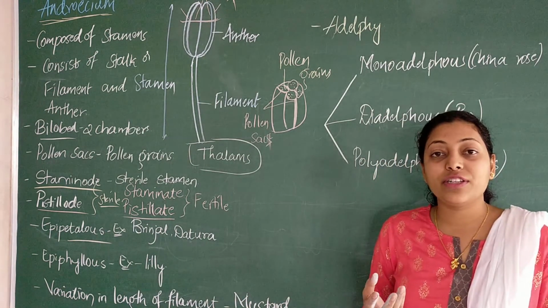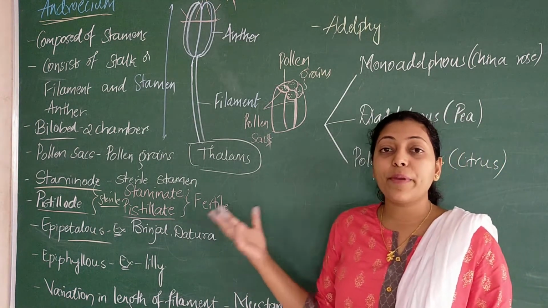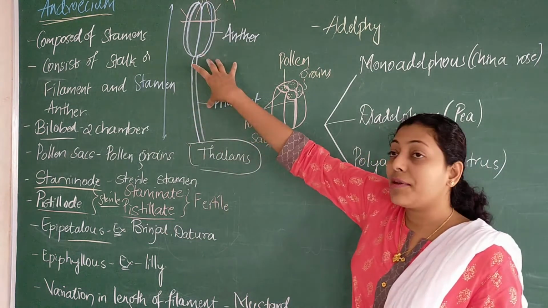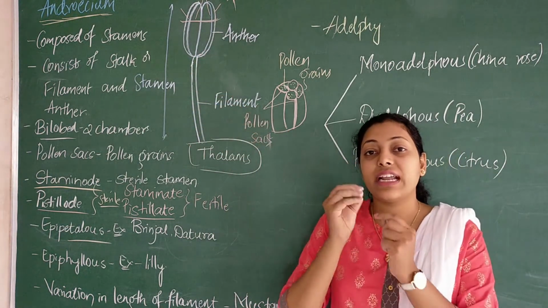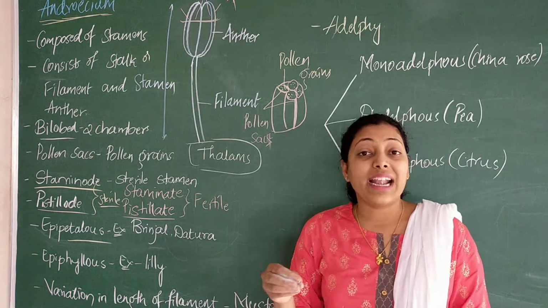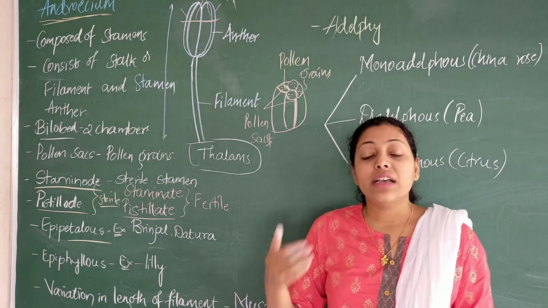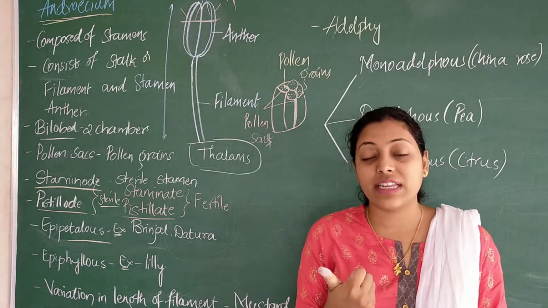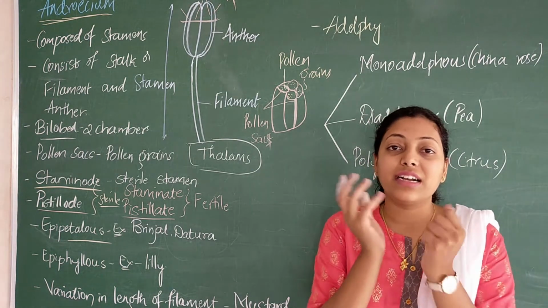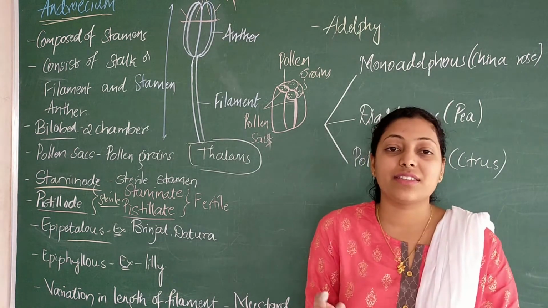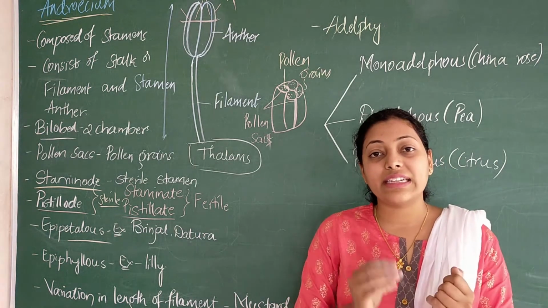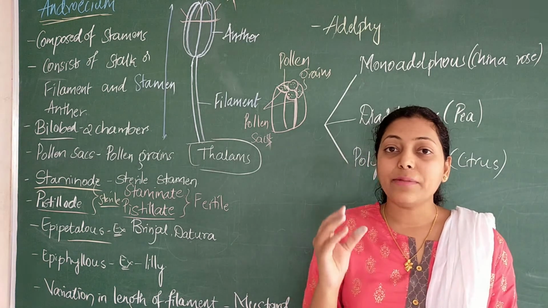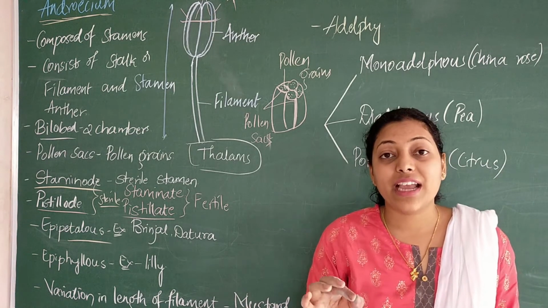The stamens produced are attached to petals. In some flowers, you know there are calyx and corolla. Calyx is the outermost greenish part, and corolla is the colorful part, that is petals. When calyx and corolla are attached with each other, that particular region is called perianth.